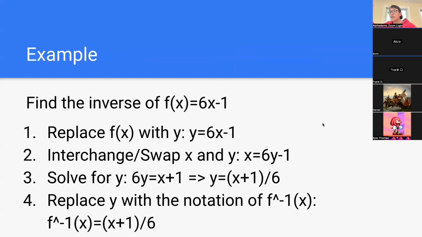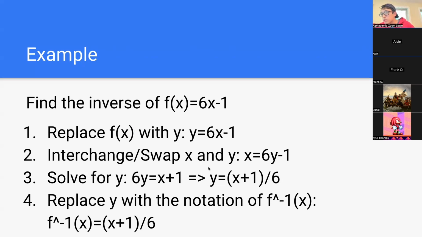All right. And here we have it in play. So this is an example. Find the inverse of f of x equals 6x minus 1. First step, replace f of x with y. So y equals 6x minus 1. Swap x and y around. So you would get x equals 6y minus 1. And then you would solve for y. So you would get y equals x plus 1 divided by 6.